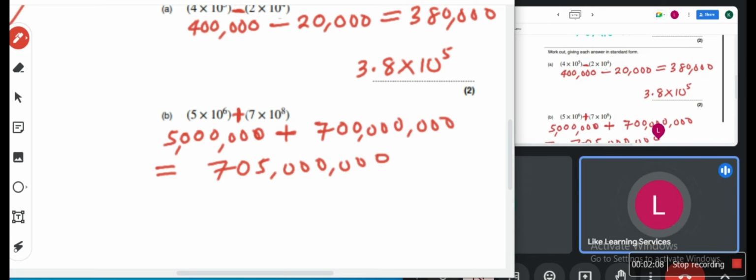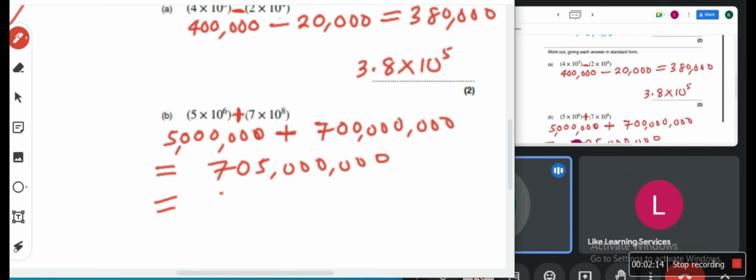Which in standard form will be what? 7.05 times 10 to the power of 8.